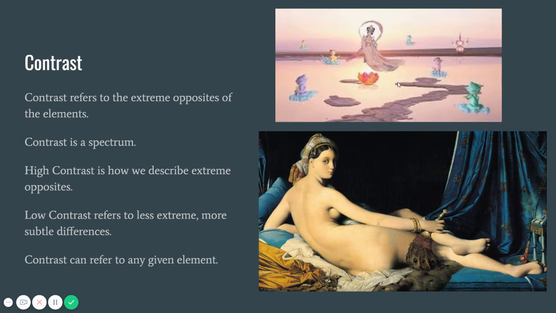There's still all these kind of pale and dusty pastel-like colors. And overall, it gives the painting this very kind of subtleness, that there's not a lot of extreme boldness and lights and darks, or there's not a lot of extreme opposites going on in that painting. So that is a low contrast painting.